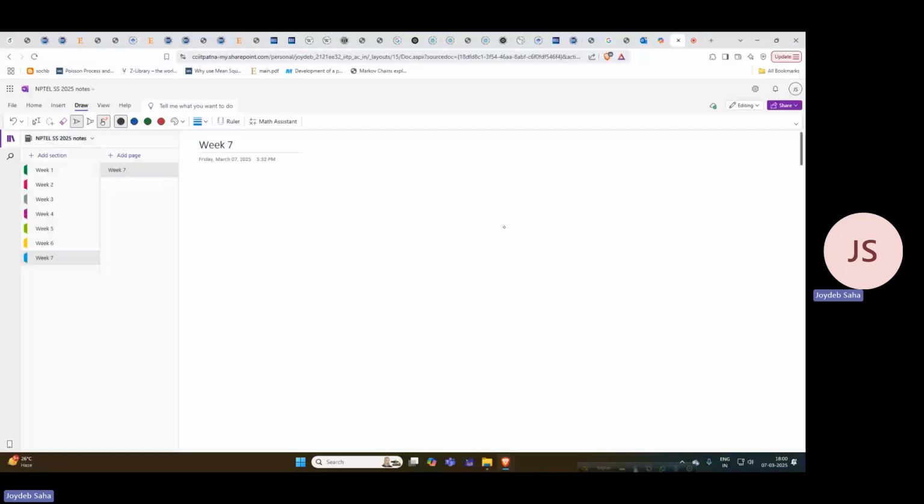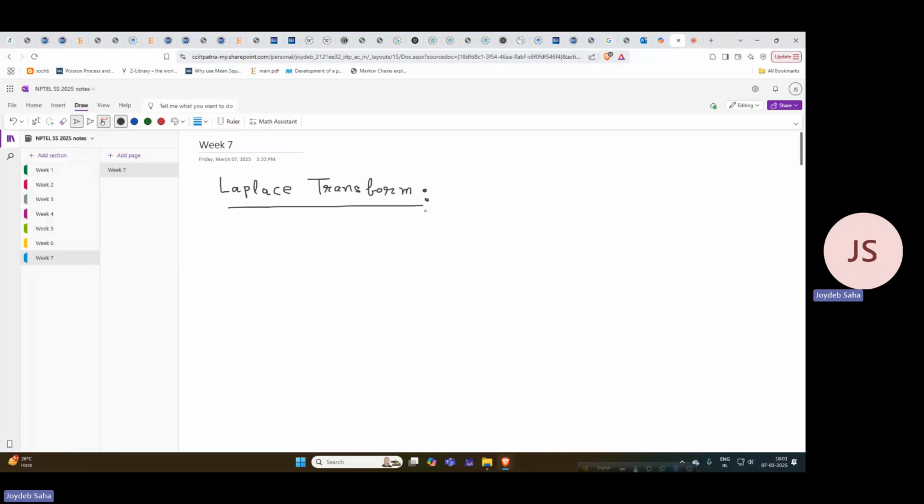Okay, so let us start with Laplace transform.